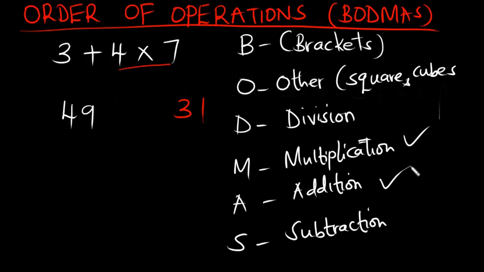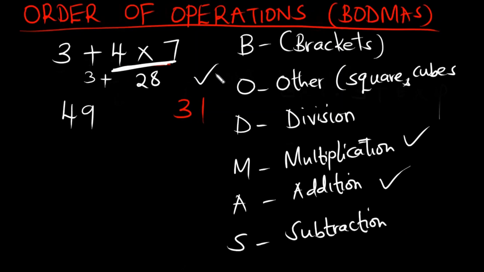So who got it right? So the one who started with multiplication, that is 4 times 7, and then got 28, and then added the 28 to 3 to get 31 was correct. Why? Because multiplication should come first before addition in the BODMAS rule.